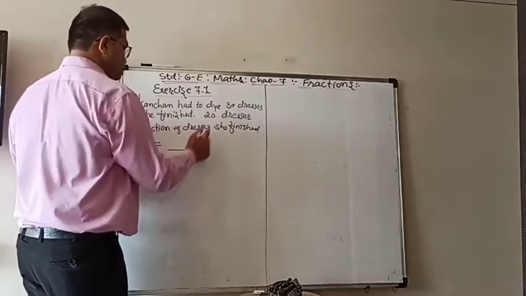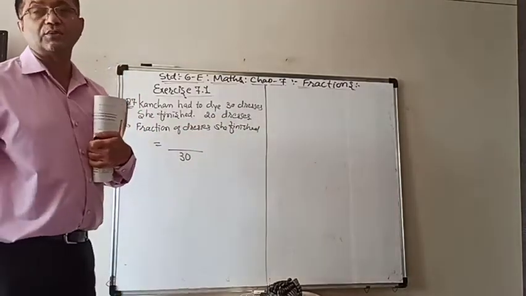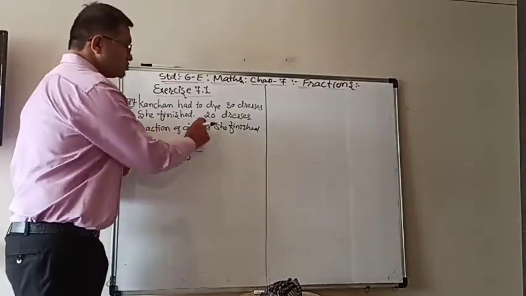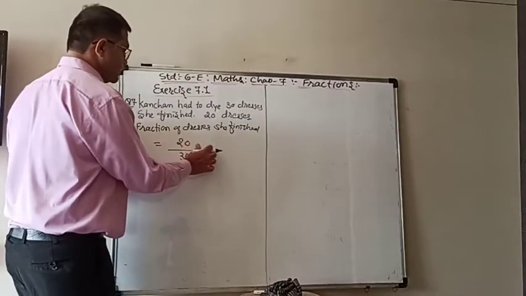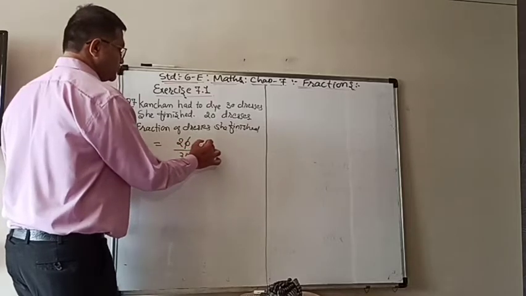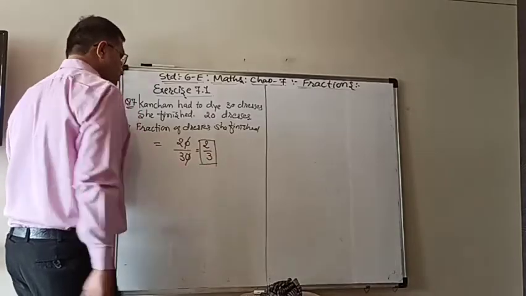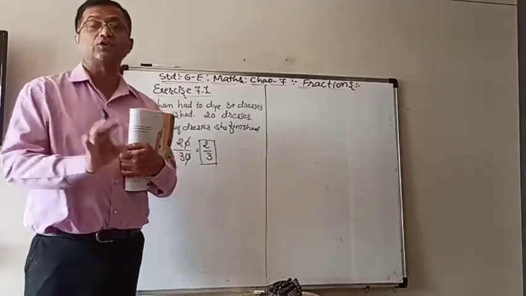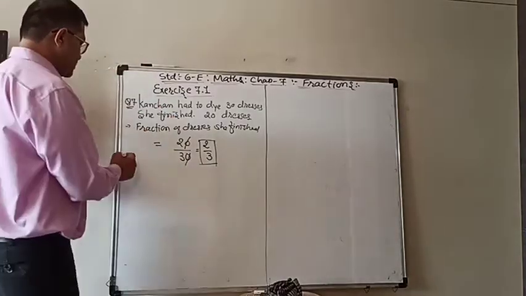So 30 dresses should be in the denominator, and out of which 20 are finished. So we can write down 20 in the numerator. Simplify, zeros cancel. So 2 by 3. So the 2 by 3 fraction is the dresses that she already finished. Now question number 8.